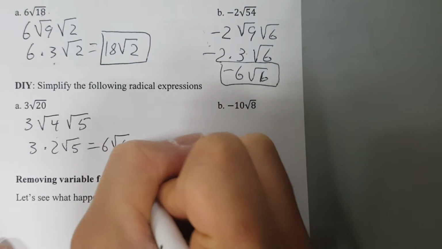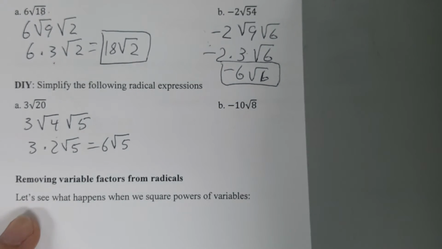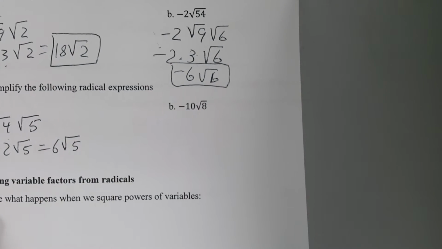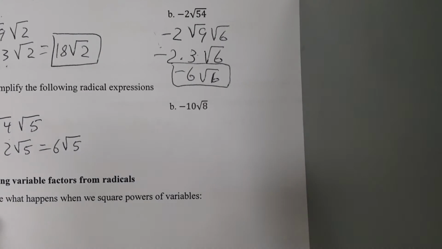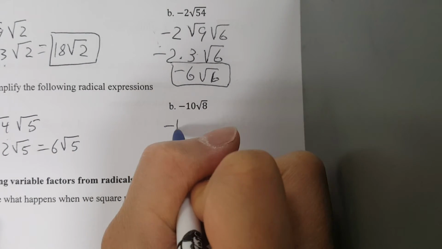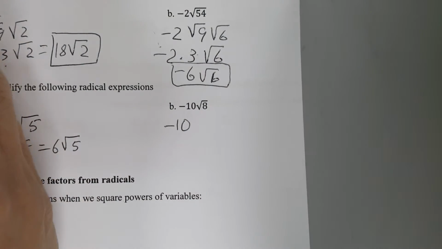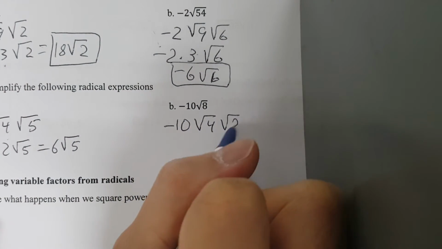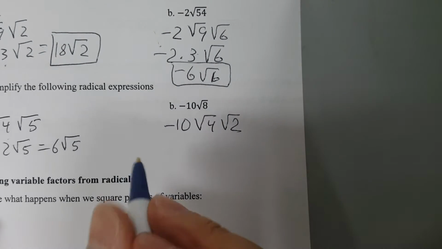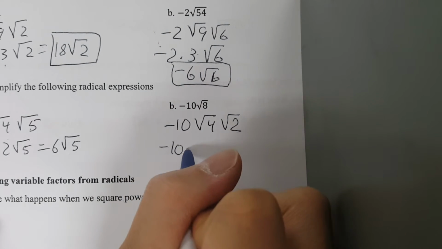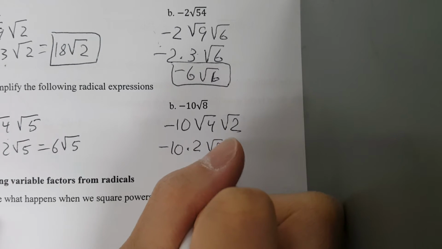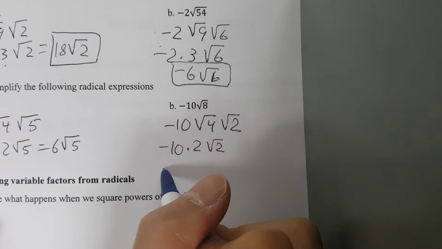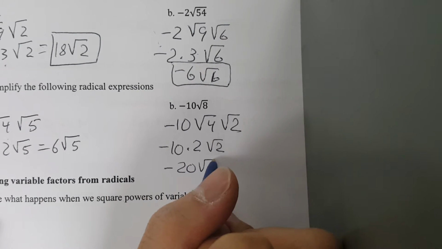That's 6 radical 5. And then for B, negative 10 radical 8. The largest number that can go into 8 is radical 4, and I'm left with radical 2. Radical 4 is just 2, so this is negative 10 times 2, radical 2. And so my final answer here is negative 20 radical 2.